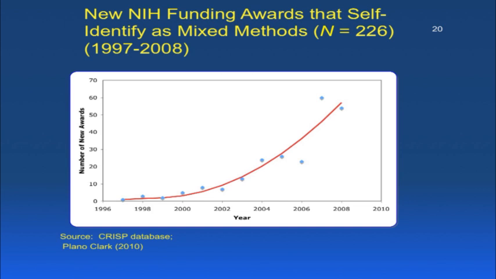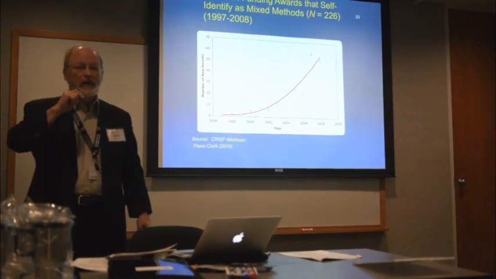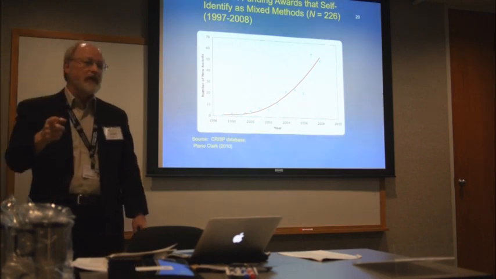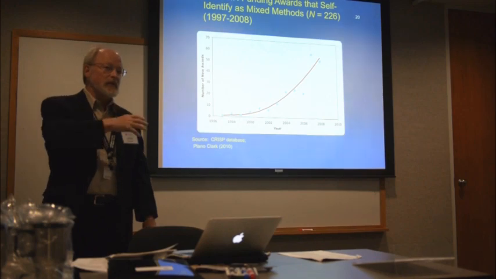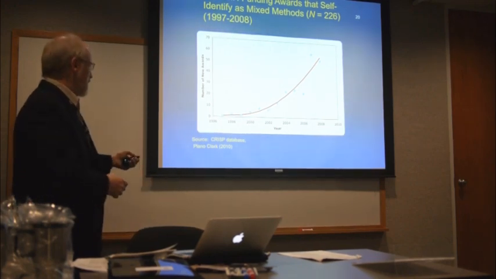Now, this is not a large number given all the projects they fund, but it's on the upswing more and more. And probably since our guidelines on mixed methods came out in the summer of 2011, and this is called the Best Practices in Mixed Methods Research. It's across all the institutes and centers. Within 3 weeks, it became the most heavily hit website at NIH. So there's tremendous interest across a lot of the health areas right now.